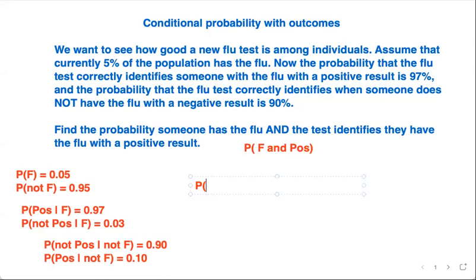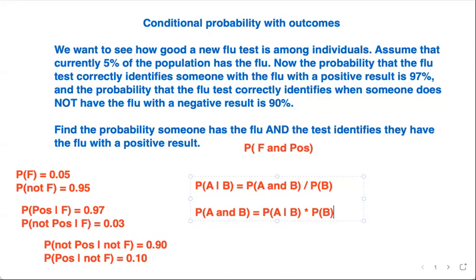The rule was the probability of A given B is equal to the probability of A and B divided by the probability of B. So basically, you're going to multiply that denominator over and say the probability of A and B is going to equal the probability of A given B times the probability of B. Again, that vertical line is the given.